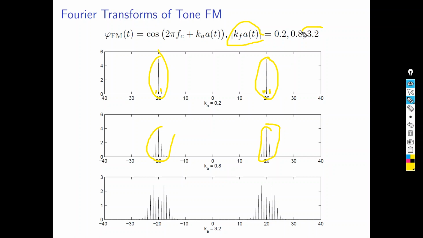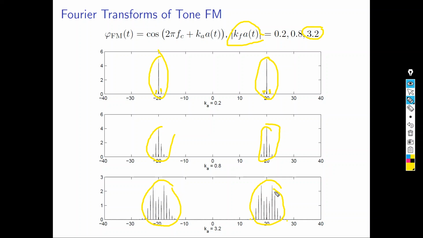Now let's take the value 3.2. You get this shape on the right and this shape on the left. And this is really large. The bandwidth here, as you can see, is from this point to this point, and we have multiple frequency components appearing.